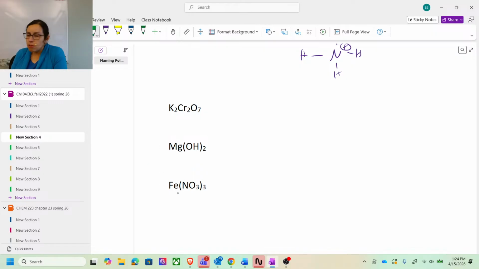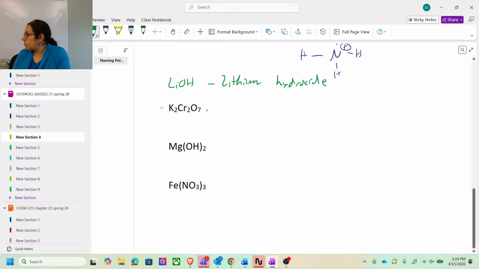For iron, you'll have to determine the oxidation state, but then we'll just write it out normally, iron whatever. And then we just name our polyatomic. So going back to our lithium, that's why we just said it was lithium hydroxide. So you just name your polyatomic.